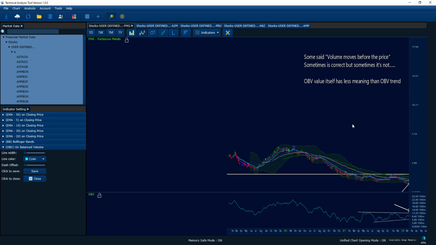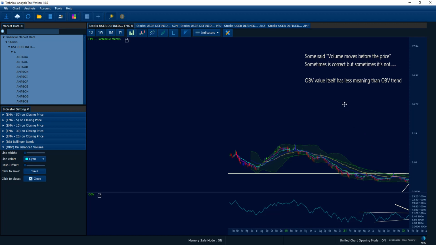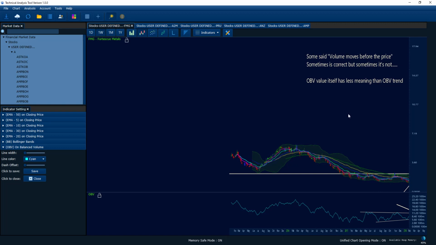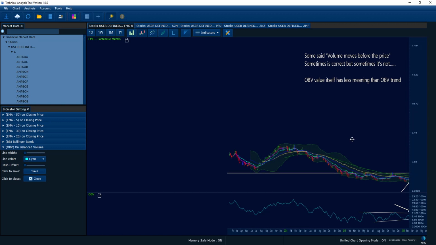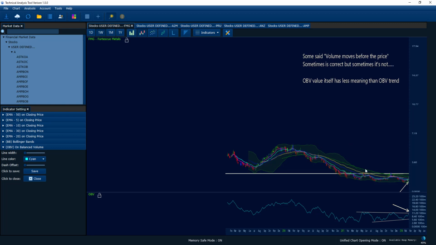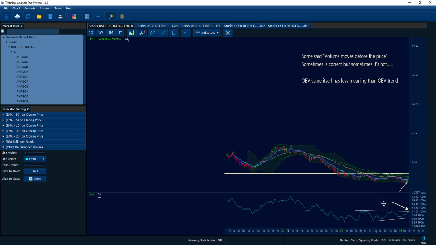So the first one is, if you're saying the volume moves before the price, let's examine the practical example. I'm not showing the full picture of this chart, the FMG metals, because I want to explain things here. So basically, when you see the OBV, because we can draw trend lines, etc., we can do the same analysis on the OBV line.